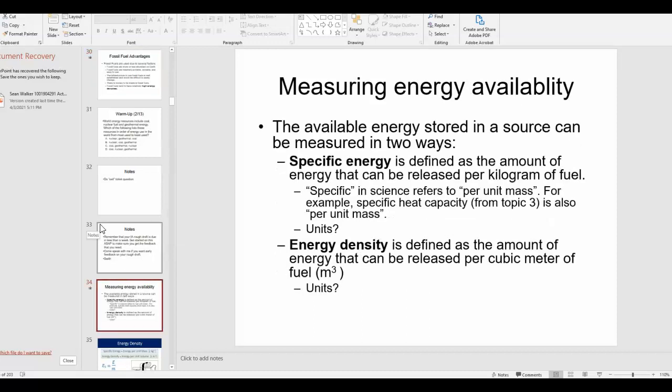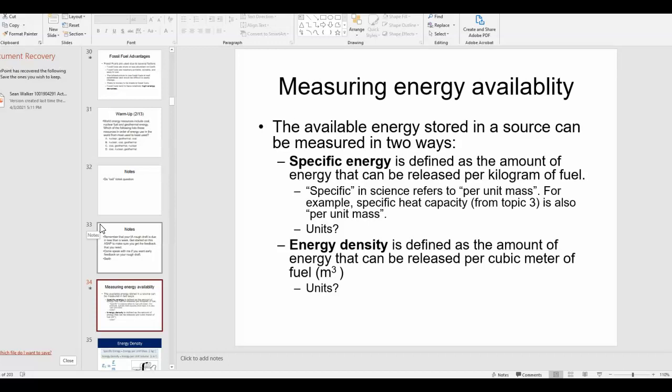Here is the specific definition of energy density and specific energy. These two terms are basically used to quantify how much energy can be stored in a given energy source. A lot of problems that we do in this class have to do with specific energy, which is defined as the amount of energy that can be released per kilogram of fuel.